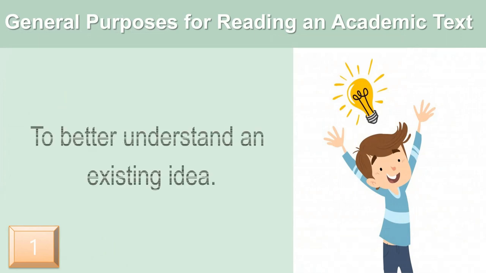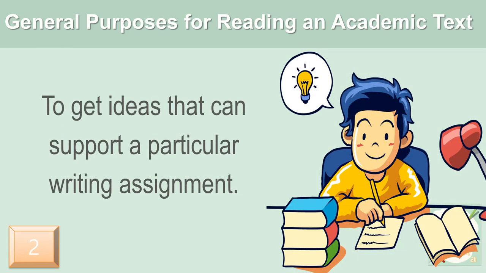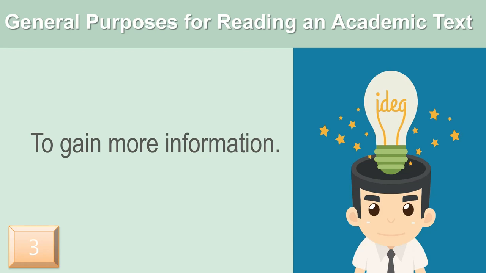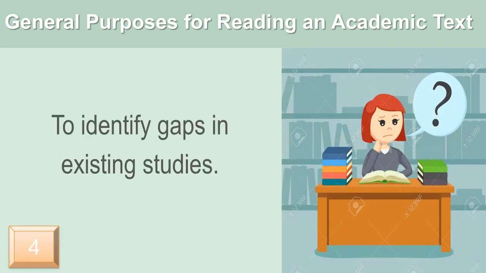We read to better understand an existing idea, to get ideas that can support a particular writing assignment, to gain more information, and lastly, to identify gaps in existing studies.